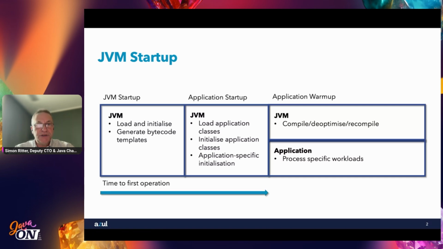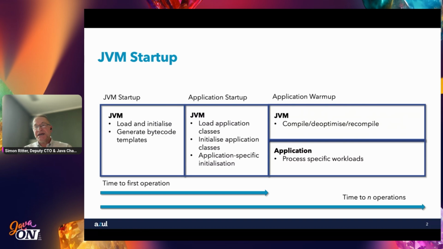Now, if we look at this in a bit more detail, we can see that the time to get to the first operation where your application can do some useful work is the combination of starting up the JVM itself and starting up the application. We can see that the time it takes to complete N operations, so the overall workload of our application, is the combination of all three of those things.